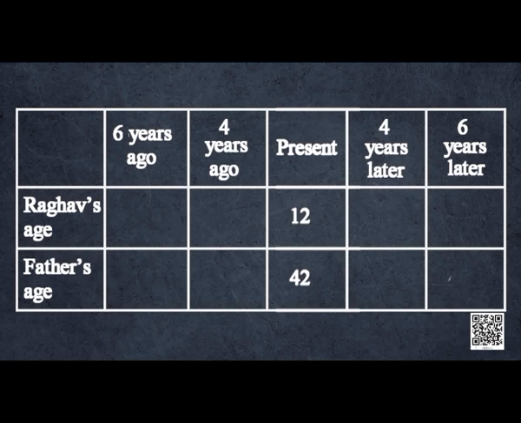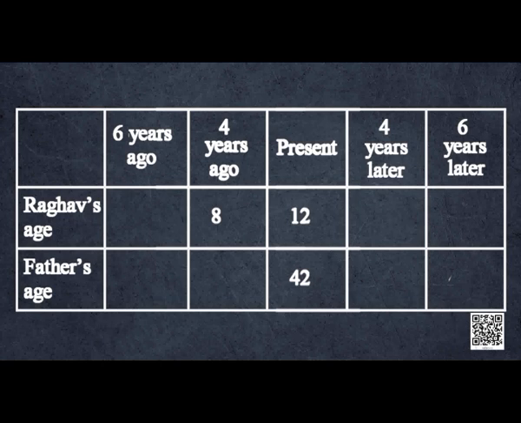Now, to answer the questions, let us see what we need to do. Raghav's age 4 years ago. To get this, we need to subtract 4 from his present age. That is 12 minus 4 is equal to 8.